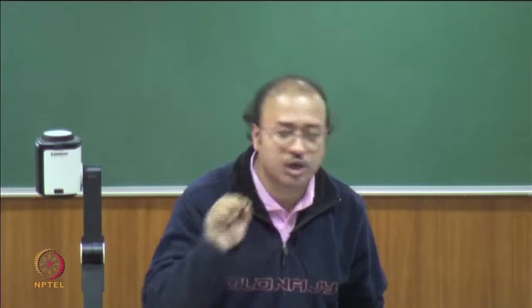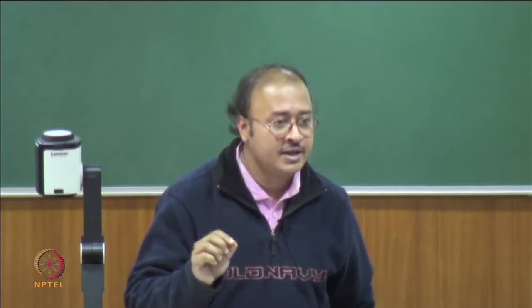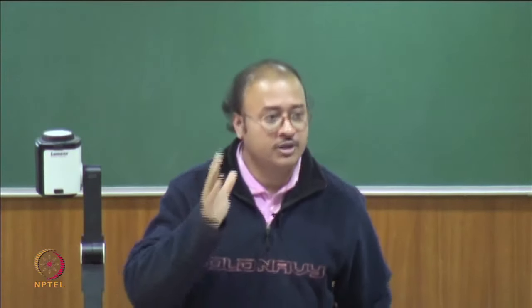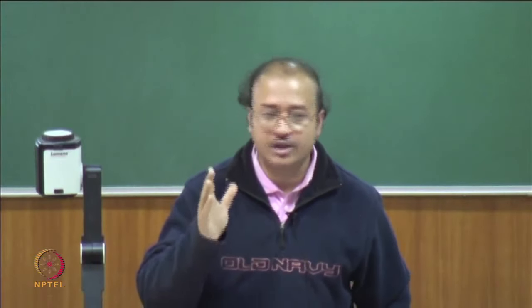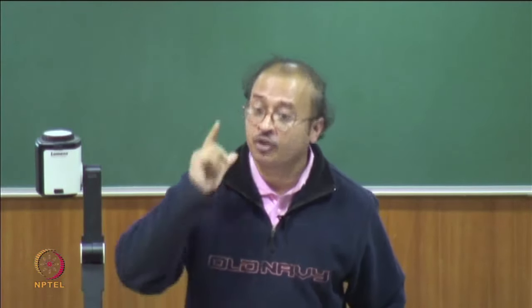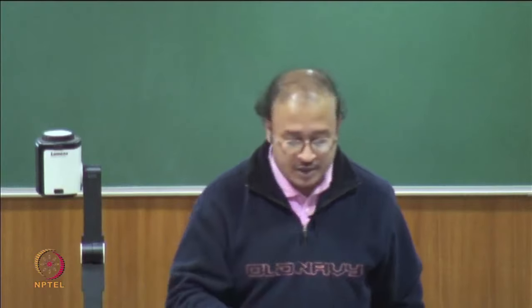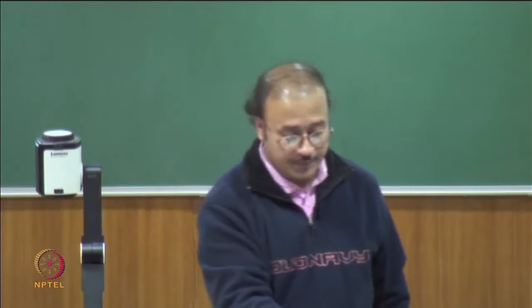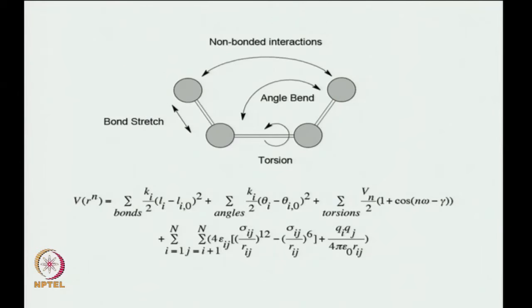But let us not worry about the specifics. The idea is that if you would want to calculate the energy of interaction in terms of the force field for a given molecule, these are all the different terms you have to look at. You see, the first one, what is it? The first one is, so this is V of r, right. The first one is essentially a stretching, right, half kx squared, right. Now, this is bond stretching we are talking about.